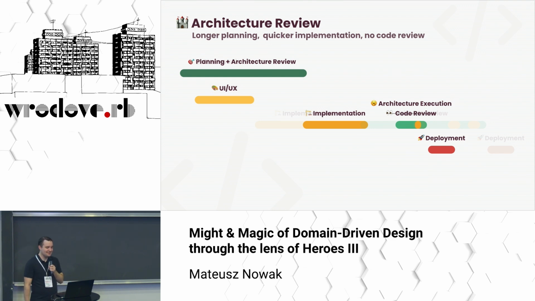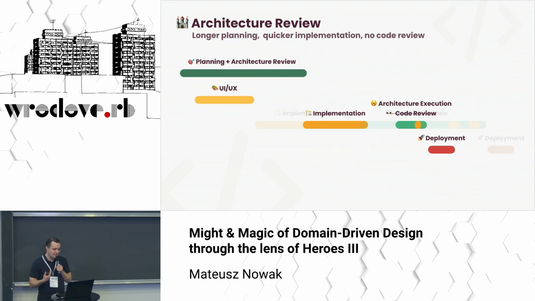So how would the cycle look then? During planning, we have an architecture review. We do the experiments. We verify our model and assumptions. This makes our planning a bit longer, but if the outcome is a model that we can translate one-to-one to code, the implementation gets shorter. And I propose a replacement for code review.